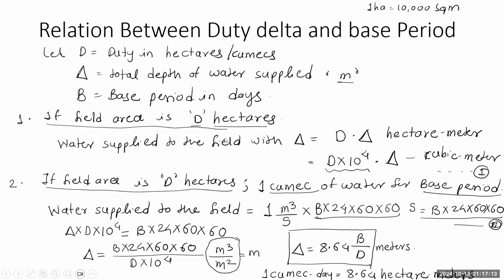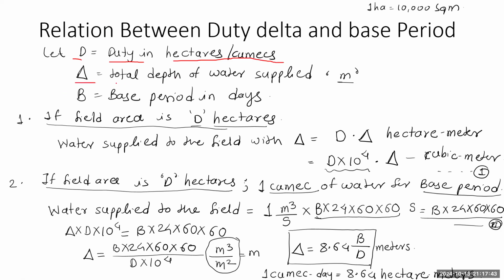Okay, and now we will see what is the relation between duty, delta, and base period. By making use of this relation, it is possible to find out the crop water requirement. For that, let capital D be the duty expressed in hectares per cumec.